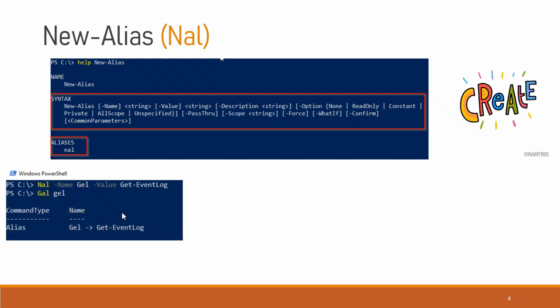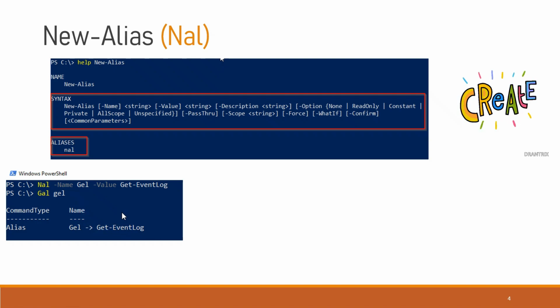So I'll directly go with null, and I'm using the name parameter, giving the alias name as gel, and the value is going to be the commandlet, which is Get-EventLog. I have created it in the first line, and in the second line I'm just typing gal, as in Get-Alias, and gel, and you see I got Get-EventLog here.